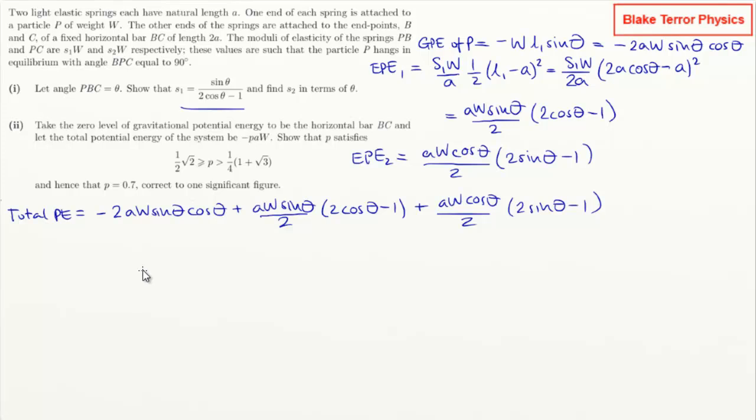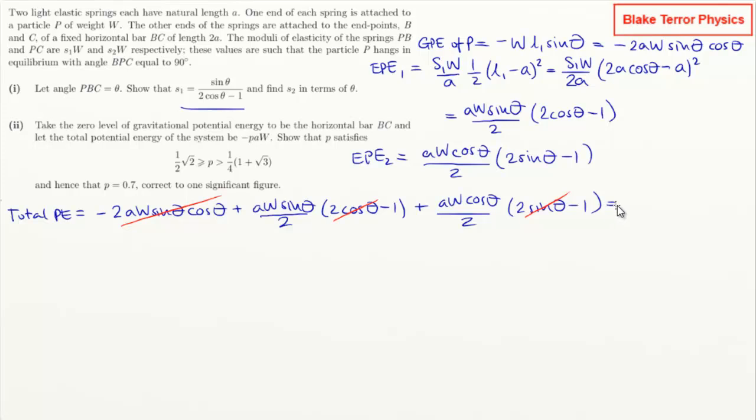Okay, so I've got a minus 2AW sine theta cos theta. Then I'm going to have an AW sine theta cos theta and another AW sine theta cos theta. So they're all going to cancel out. Let's cancel these things in red. So that is going to cancel with that and that, leaving me with just this thing.